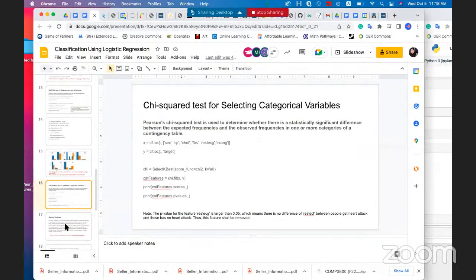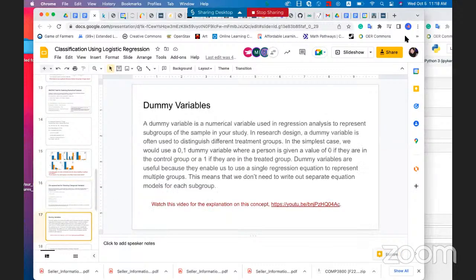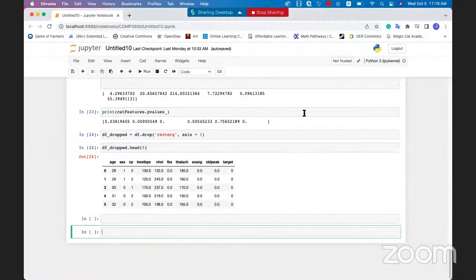The next thing we are going to do is to deal with the categorical variables. You already tried this in your last assignment. For the categorical variables, we need to transform them into dummy variables.